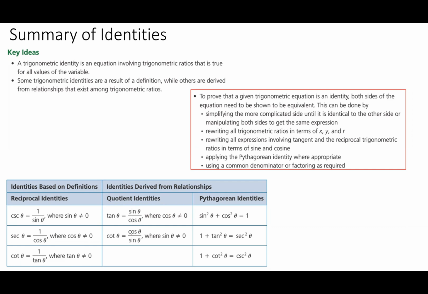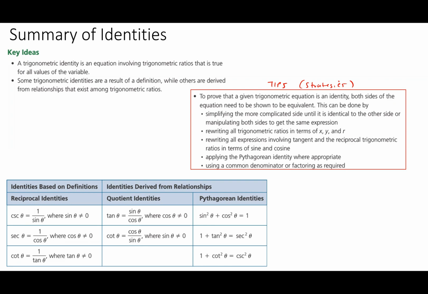And what we talked about today was these Pythagorean identities, which we derived using the Pythagorean theorem. And what you need to understand when you're proving these identities, and these are just some strategies you can use: at the end of the day, try to look at the side with the more number of terms and work with that single side to convert it into the other side, right?